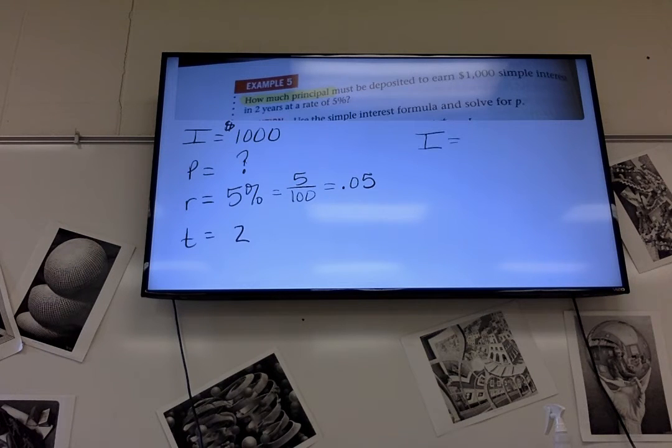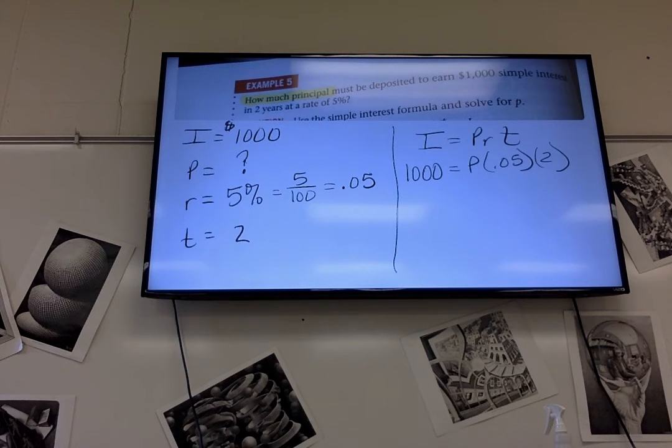So we plug it into this formula, and we solve it. I is 1,000. P we don't know. R is 0.05. And T is 2. We can go ahead and do 2 times 0.05.